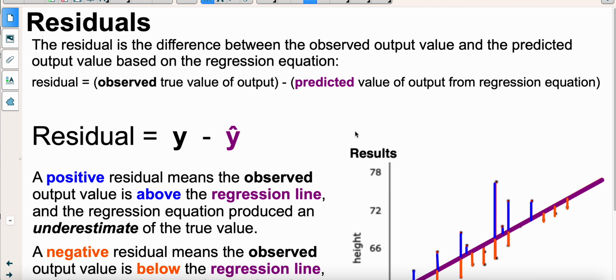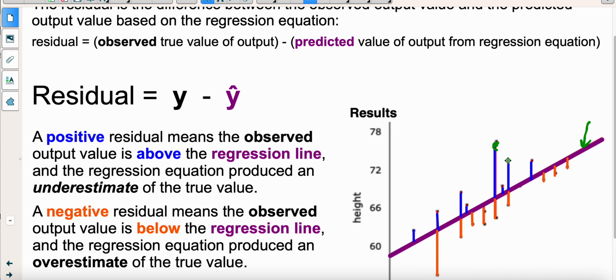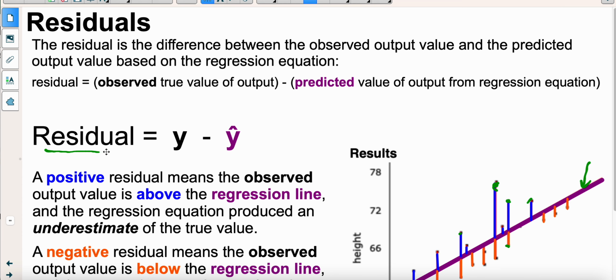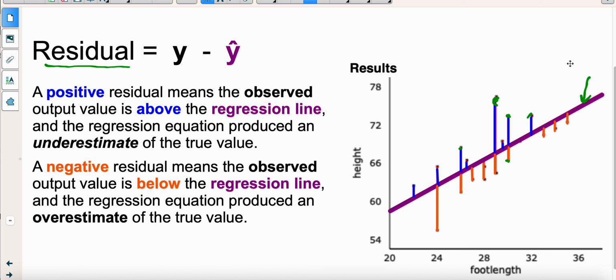So residuals, what are residuals? Well, once I come up with this line here, right, I have all my actual data points. A residual is just measuring what's the difference between what the line predicted versus my actual data.